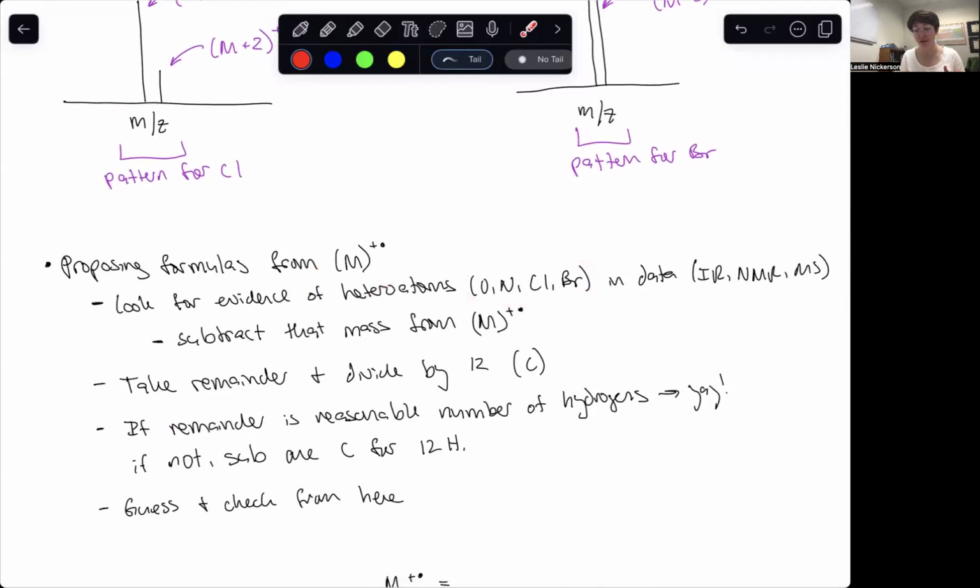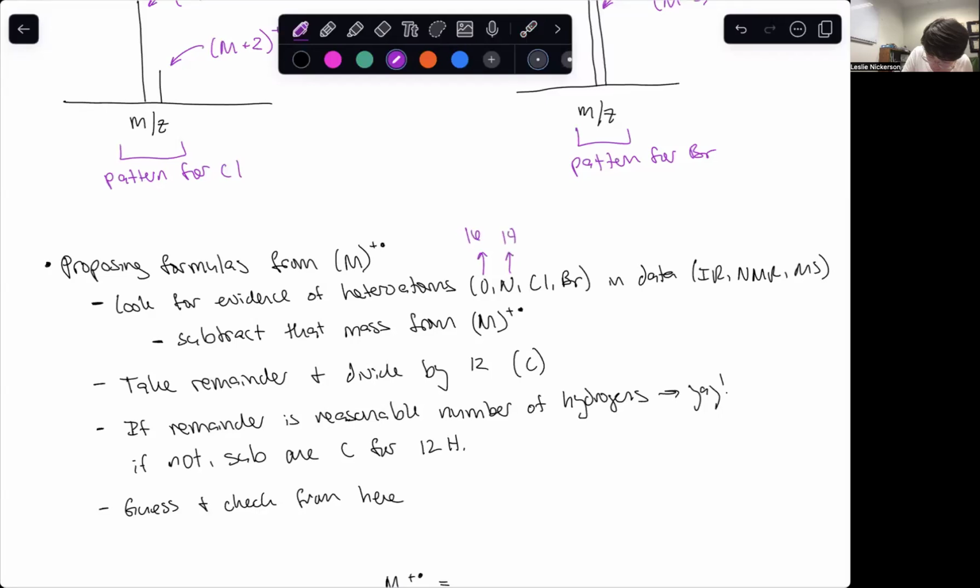Then subtract that mass from your molecular ion. For oxygen it would be 16, for nitrogen 14, chlorine 35, bromine 81. Okay, we can just fill those in really quick.